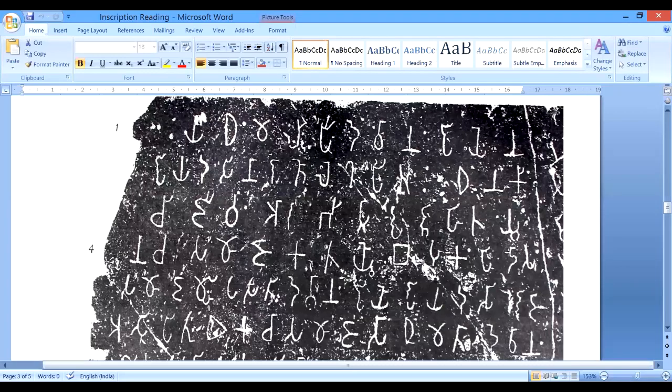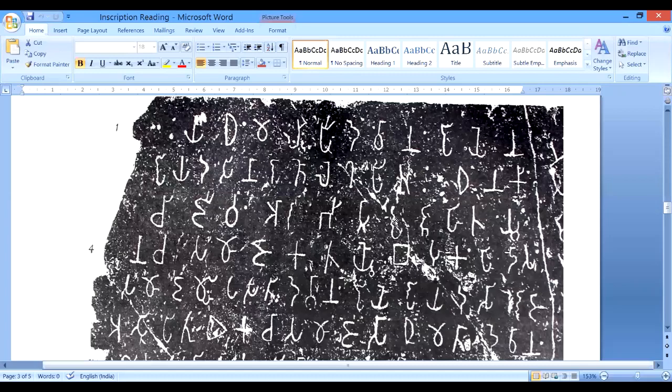You can see here pakara, and even though it looks like ga, it also looks like ta, because the vertical line of ta is not there. So it is ara, bhi, ta, pa, ta, akar. Okay.